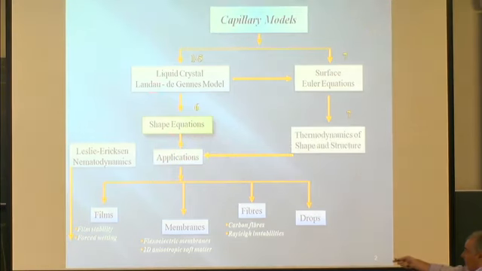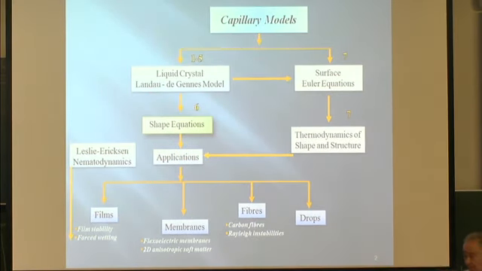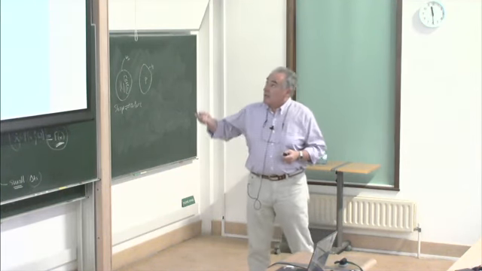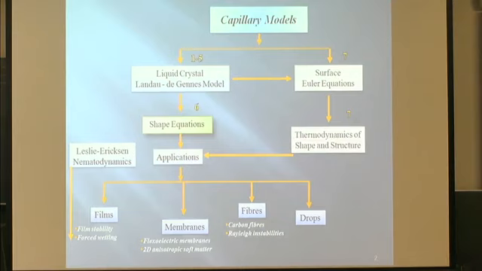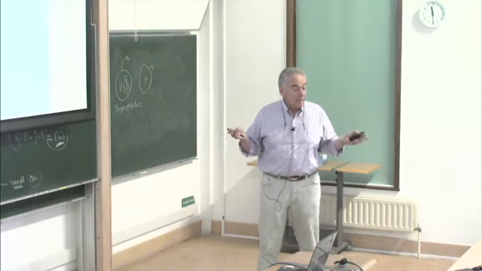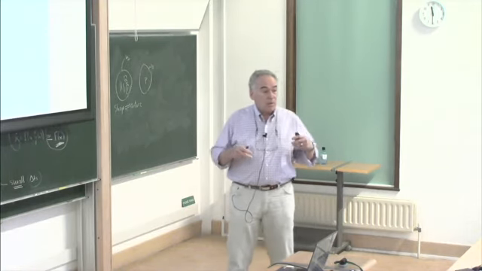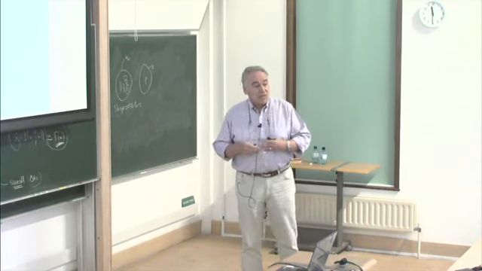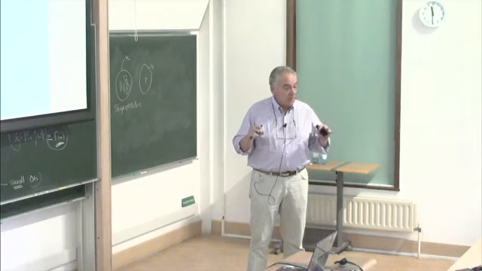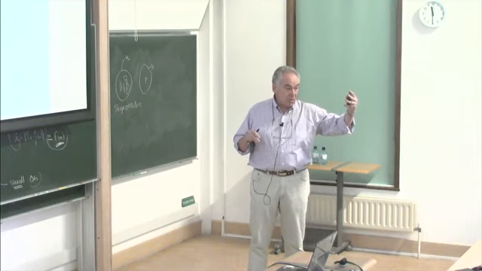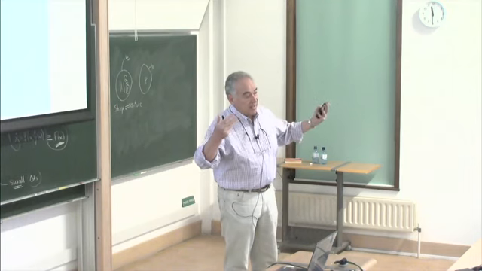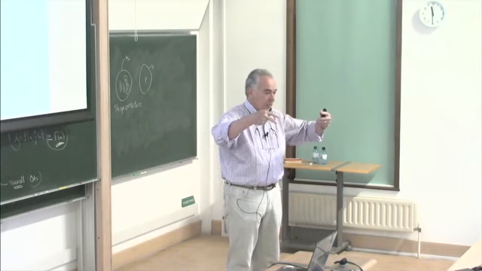And that's what I will describe, how to derive the shape equations, and then move here and do a little bit of thermodynamics and try to show how thermodynamics tells you that you can change the shape of things by changing the temperature and changing, for example, the interfacial tension by adding surfactant.